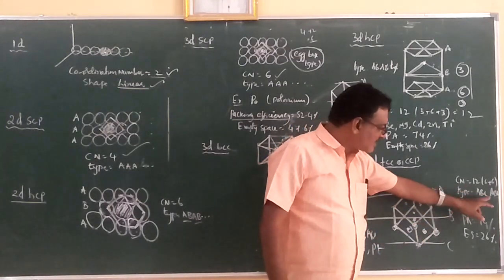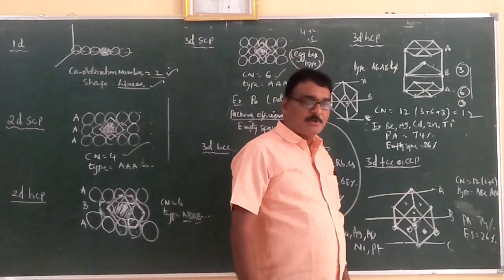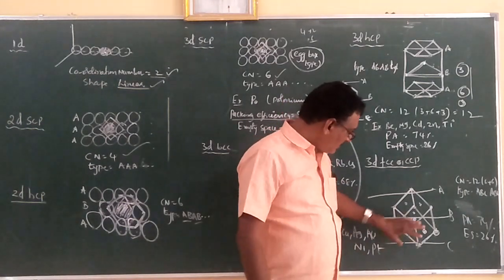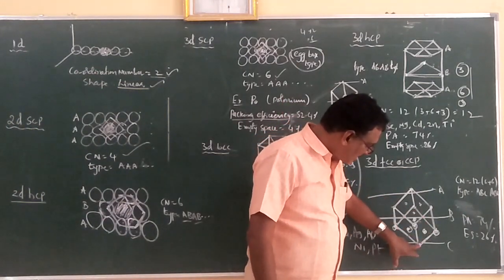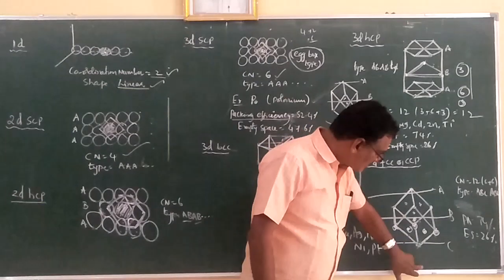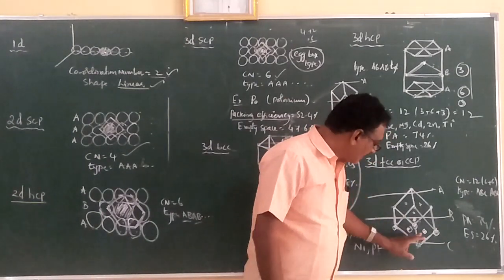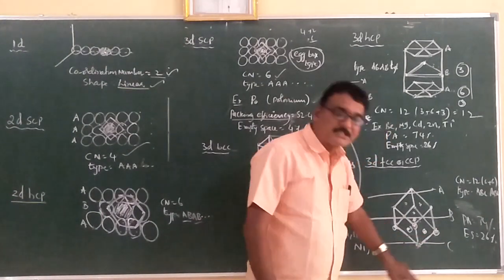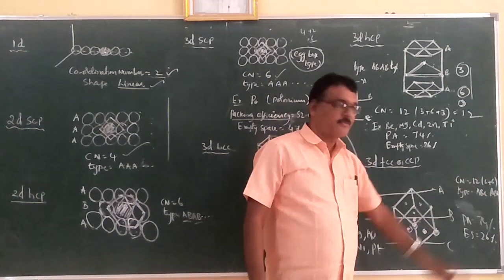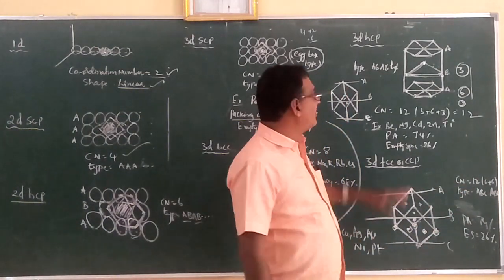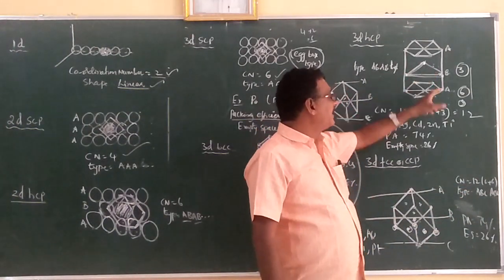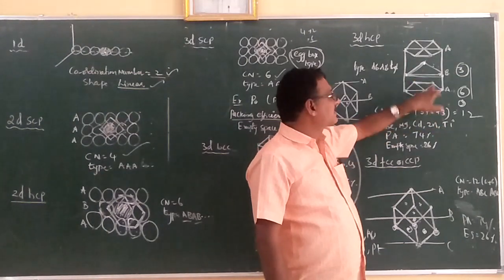Therefore ABC, ABC type. But what is the coordination number? This is 6. So this is the 1 point. Next 6 is there. So above 6, next 6. 6 plus 6, 12. Before that there is 3, next 3. 3 plus 3, 6.